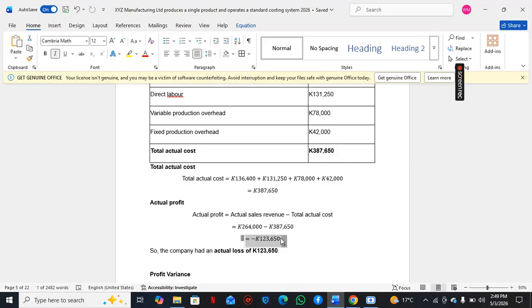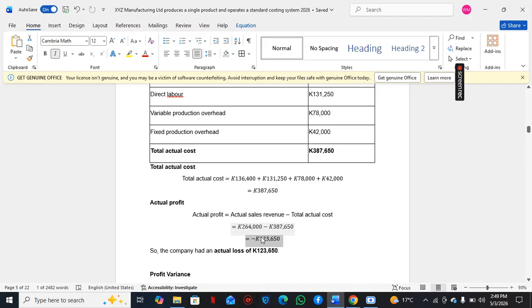So we've made a loss on the budgeted aspect and a loss on the actuals aspect. For the profit variance, in this case, we're going to see whether our actual loss was greater than our budgeted loss, in which case we did way bad.